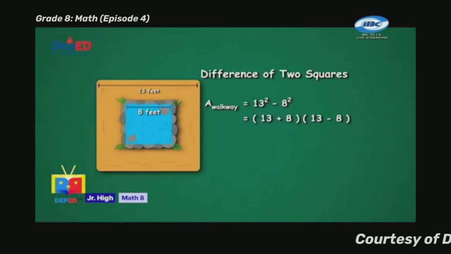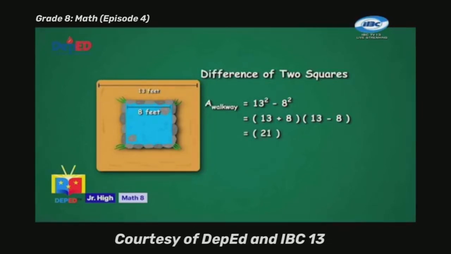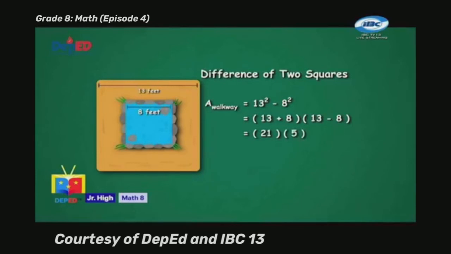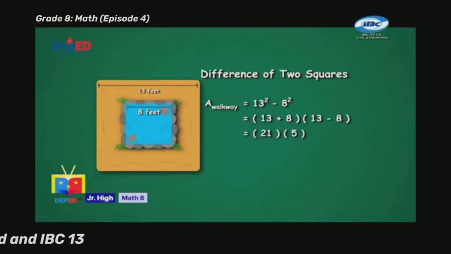What is the sum and the difference of 13 and 8? 13 plus 8 is 21, and the difference is 5. Last step is to multiply the numbers 21 and 5. The product, the area of the walkway to be constructed, is 105 square feet.